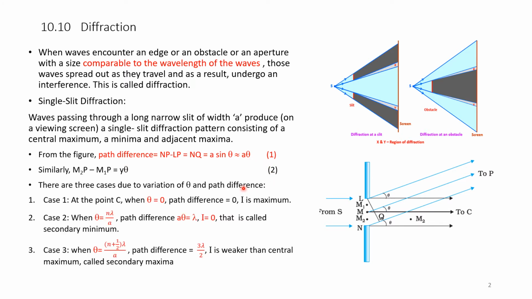There are three cases due to variation of theta and phase difference or path difference. Case number 1.